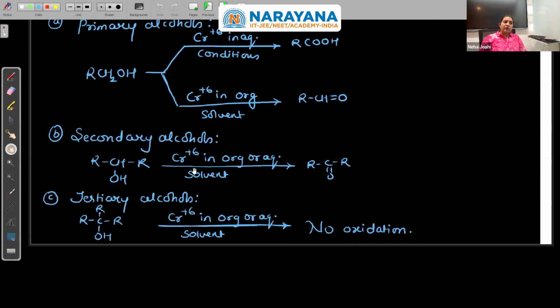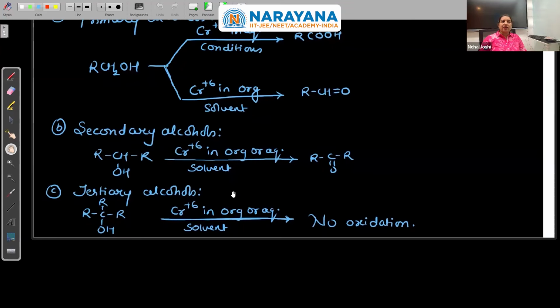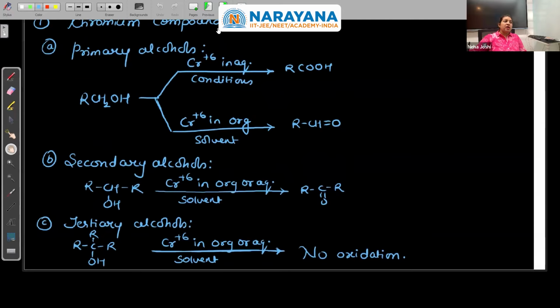For 2 degree alcohol, whether chromium plus 6 is in organic or aqueous solvent, you form only ketone. I just told you, oxidation of ketone further is not possible for any usual reagent, so we'll stop at ketone. For tertiary alcohols, chromium plus 6 in organic or aqueous solvent, usually I'll say no oxidation.